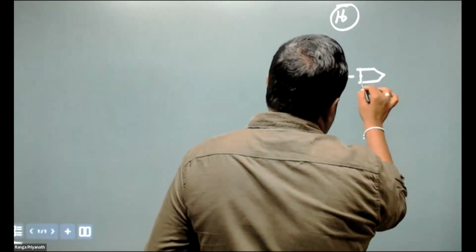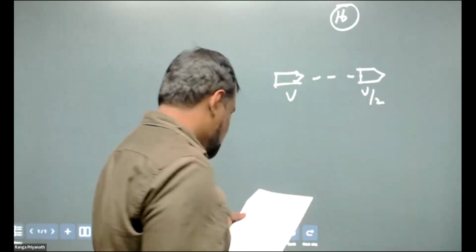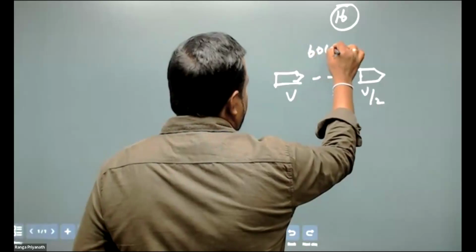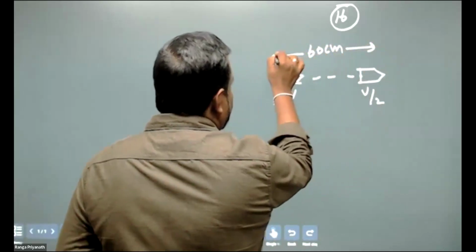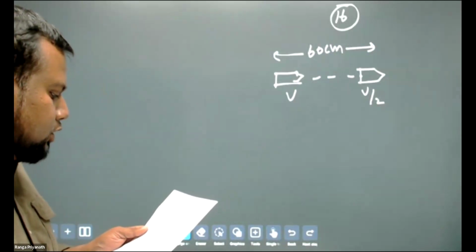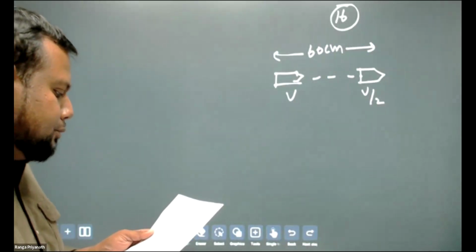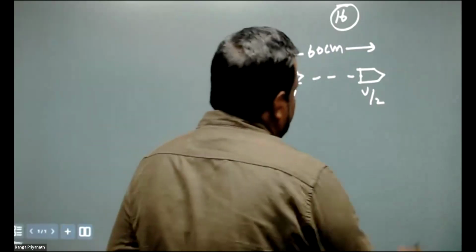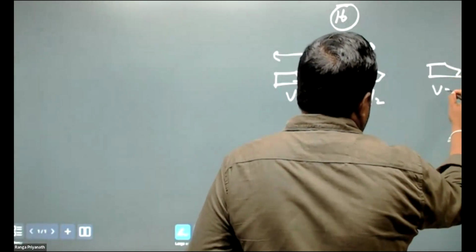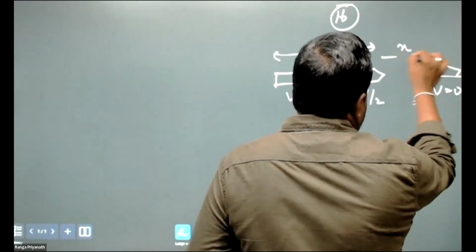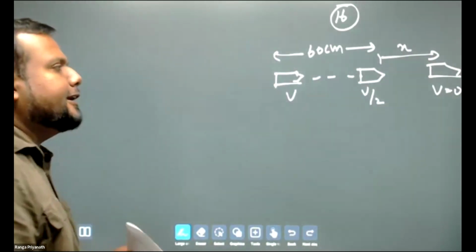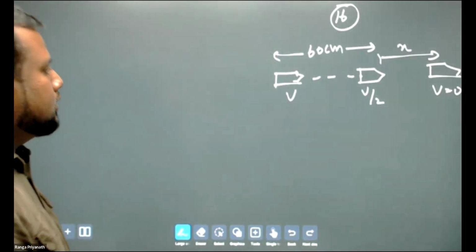Now it is v by 2, after 60 centimeters. How far into the wooden block does the bullet come to rest? Now this is rest, 0. Let's say this is x. This is happening inside the wooden block.